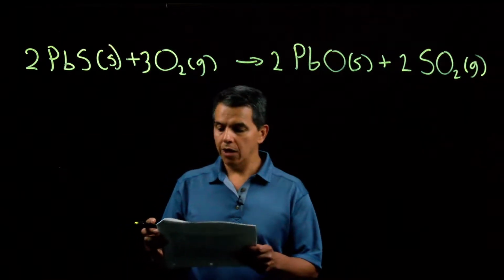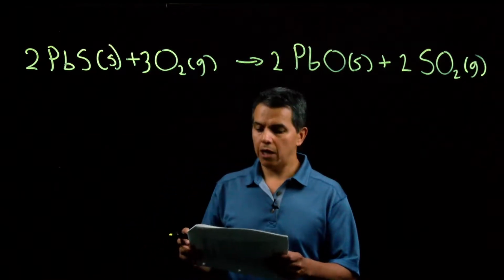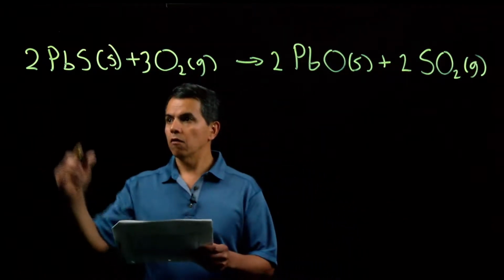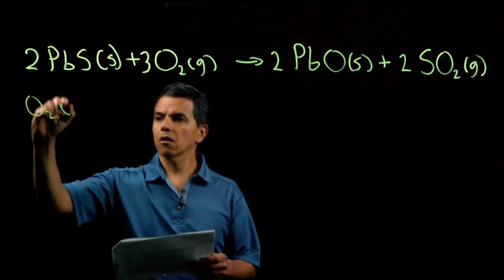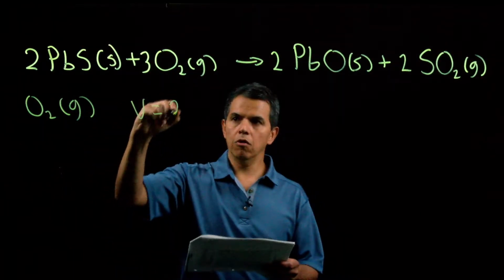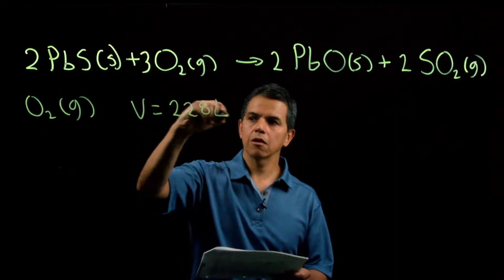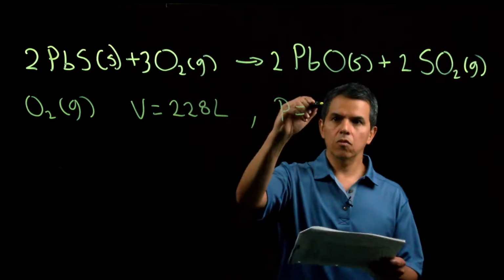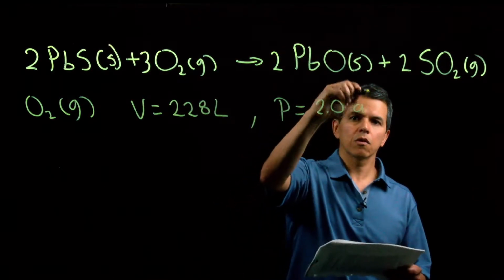What we will be doing is writing all the information that we have regarding the oxygen that is used for the reaction. So for oxygen, we know that we have a volume of 228 liters. The pressure is 2 atmospheres.